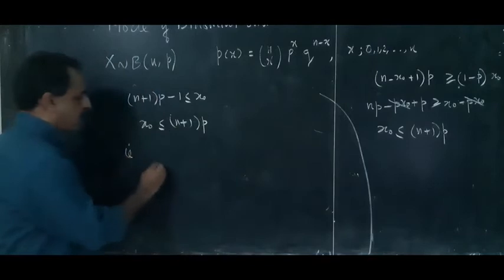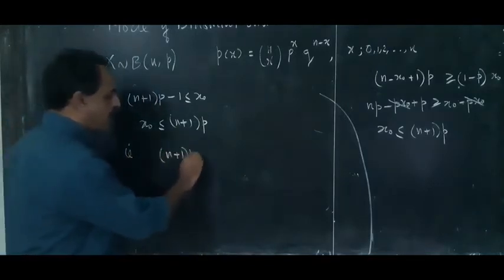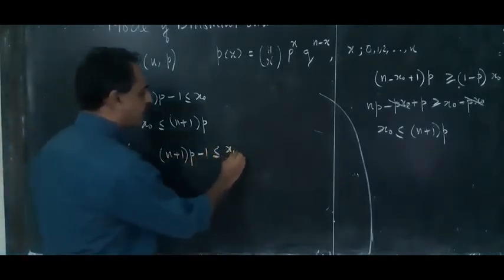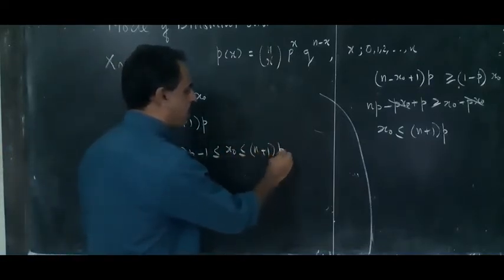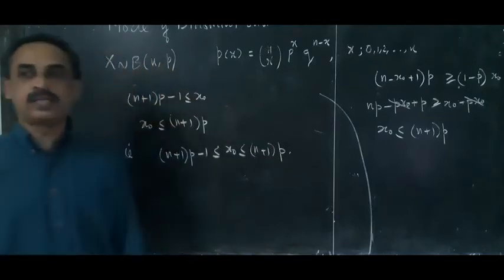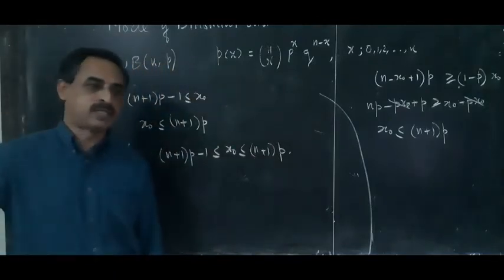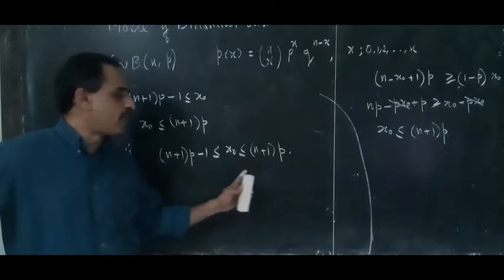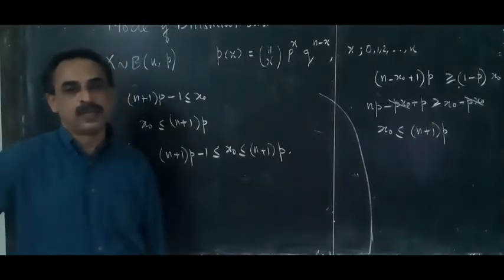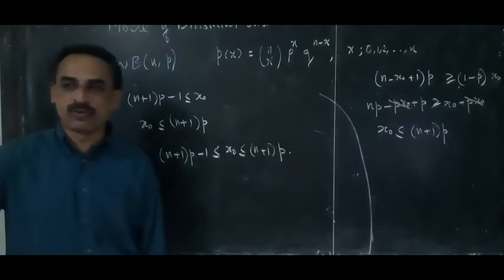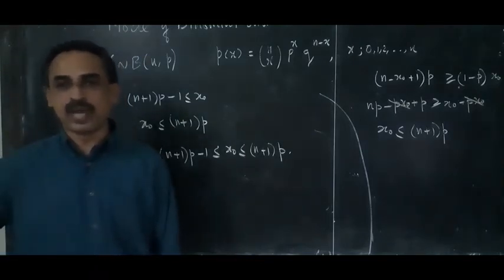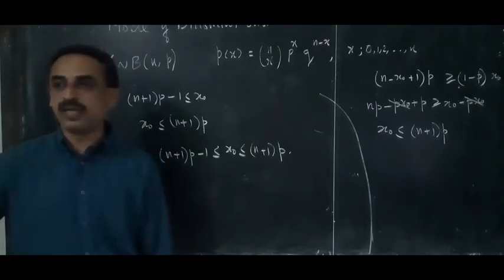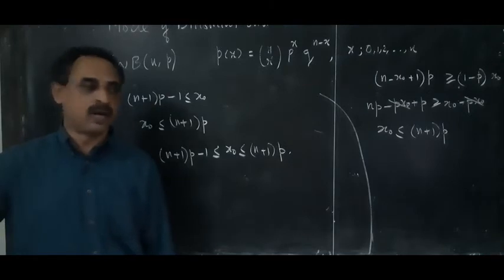That is, (n + 1) p − 1 ≤ x0 ≤ (n + 1) p. So the mode is given by two limits, (n + 1) p − 1 and (n + 1) p. See, we don't have an exact equation for the mode in binomial distribution like the mean. We have mean equal to np. For the case of the mode, we get only two limits within which the mode will belong.